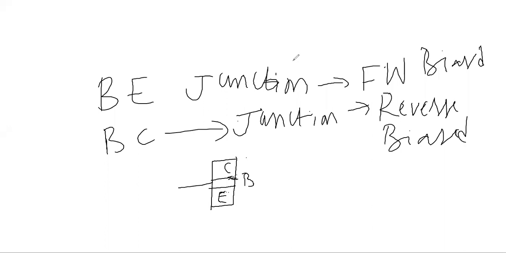If we want to make it work in normal mode, then the emitter base junction must be forward biased. To make it forward biased, because it is an NPN transistor, the base must be supplied with positive voltage, and the emitter must be supplied with negative voltage. So we make this junction forward biased.